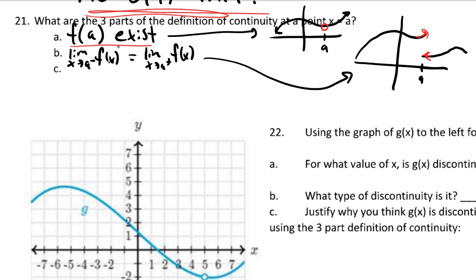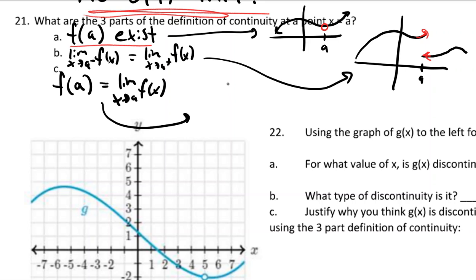And then even if this is true, and even if this is true, it is possible that one other case could happen. Whatever the y value is at that x value needs to be equal to what the limit is approaching. Let's say I'm just trying to show you why it's necessary.